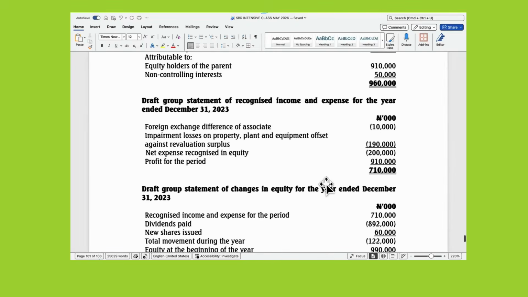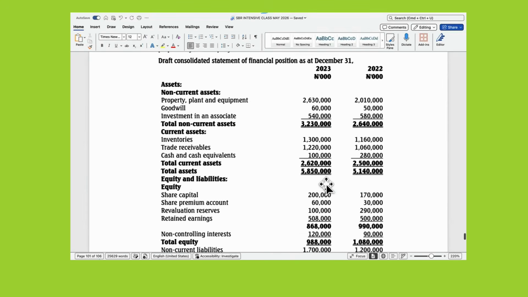So after the goodwill, the next item is investment in associates. It came down from 580 to 540. For the movements in this one, it will just be this 580, the opening.